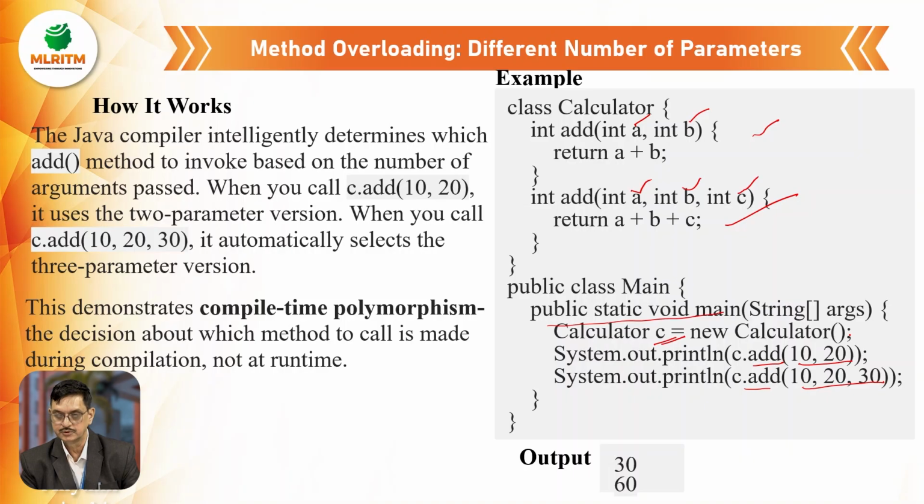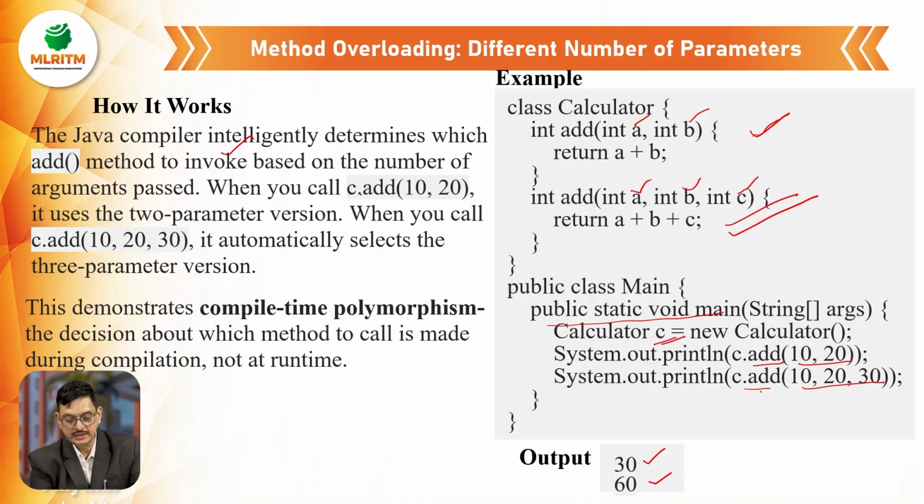So in these two conditions, it returns two different outputs, because in the first condition it chose the first version of the add method. In the second case, it identifies the second version of the method. So the Java compiler intelligently determines which add method to invoke based on the number of arguments passed to it.